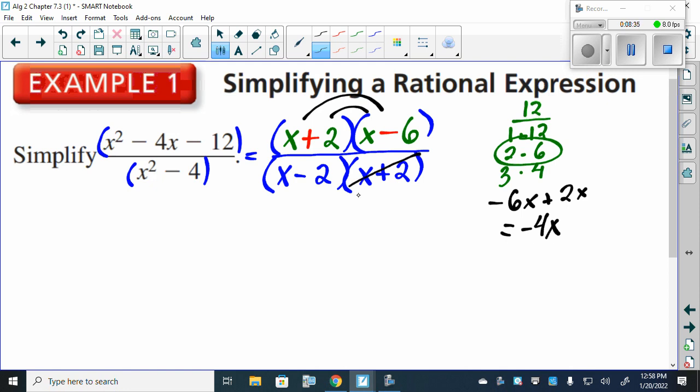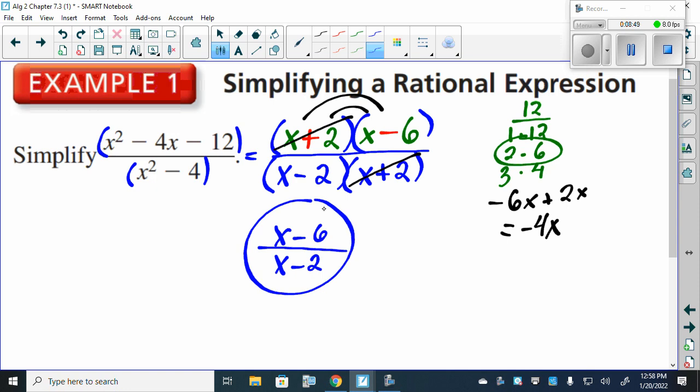Well, the x plus 2 and x plus 2, which would leave us with what? 6 over, and that there's the final answer, because we can't reduce the 6 and 2, because the 6 is stuck with the x, and the 2 is stuck with the x. Any questions on this here?